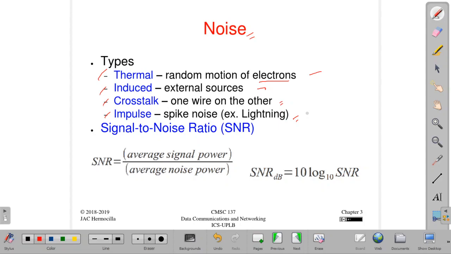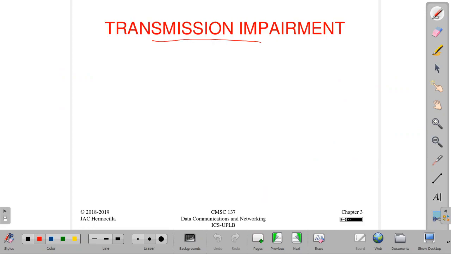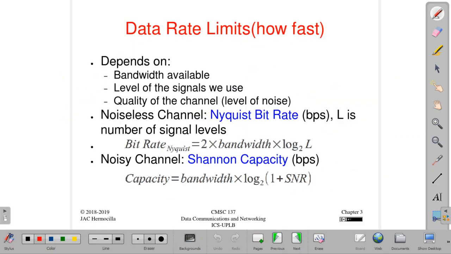So for example, there is lightning, and of course the lightning will generate some electrical signals, and that will also affect the transmission. So those are the main transmission impairments.